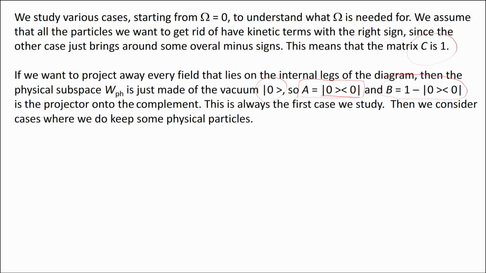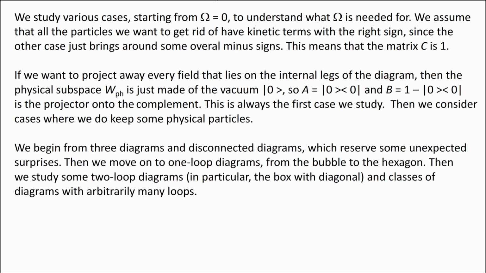So we start always from this case because it's easier. That means remove every particle from the physical spectrum and see what happens. And we will always start from omega equals 0 to see what happens, and then we will understand that omega equals 0 is not good. After doing that, we will move to omega non-zero, and after doing that, we will consider the case where we do not remove every particle, but we remove some particles.